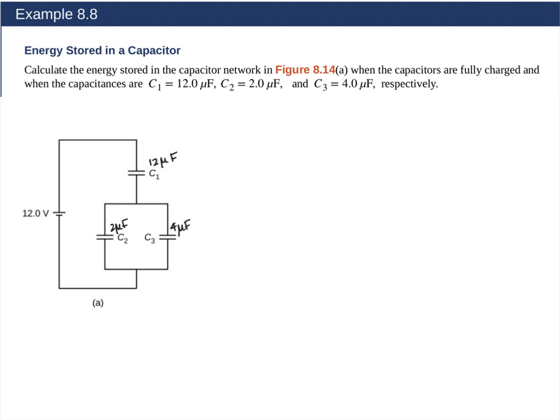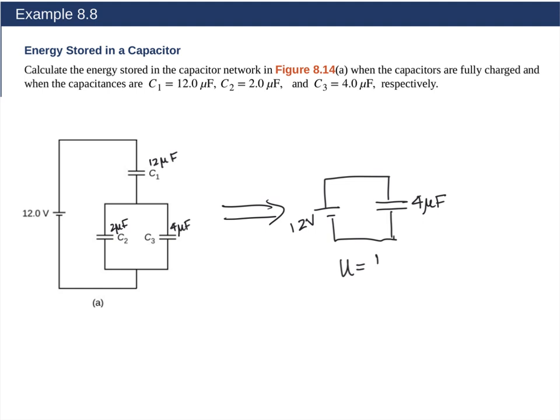And I wanted to just remind you that when I broke this down, I actually simplified it into the 12-volt battery. And the overall equivalent capacitance was 4 microfarads. And so if I wanted to express the energy of this, it would be 1/2 CV squared.